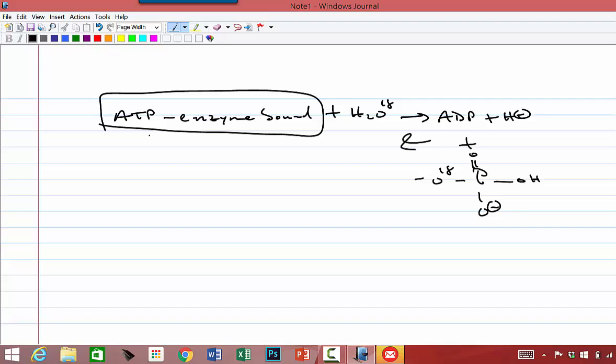A few years after this was proposed by Boyer, a group, Yasuda et al. from Japan, went ahead and thought that they could create a way of visualizing this rotation. And this was a phenomenal experiment. What they did is that they created an artificial system where they have a cover slip.